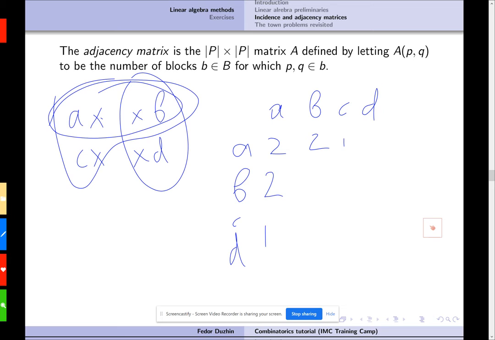So A and D do not belong to the same block, so 0 here. Okay, so B and B. So B belongs to all the 3 blocks. So 3 here. B and C belong together to just 1 block. Well, and so on, right? So this is how the adjacency matrix is constructed.